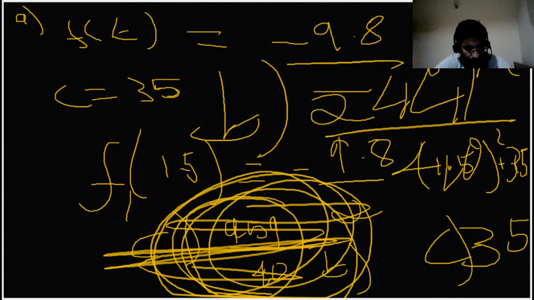Can you write it on slide 2? Okay. Slide 2. Bismillah. This will become minus 4.9 t squared plus 35 is equal to 0, which means that 4.9 t squared is equal to 35.